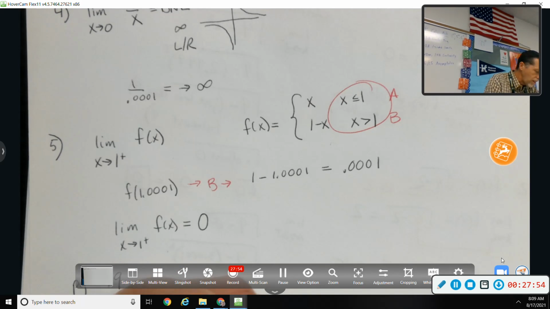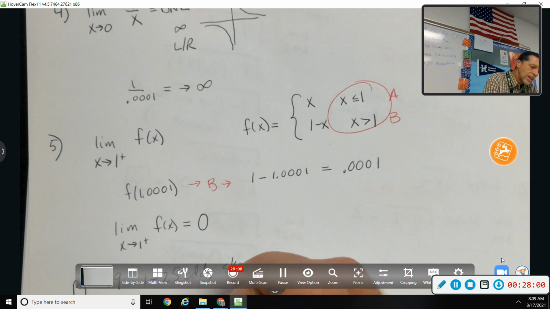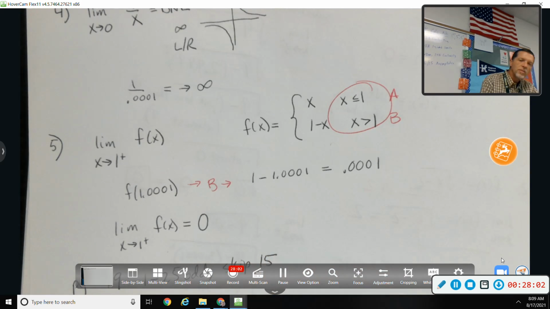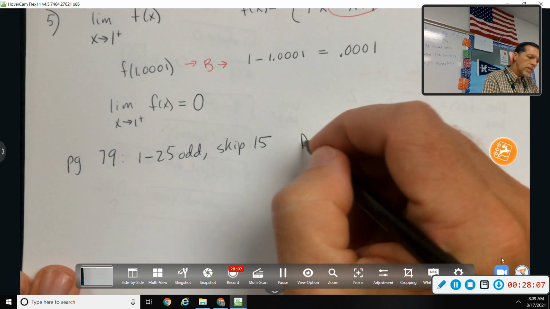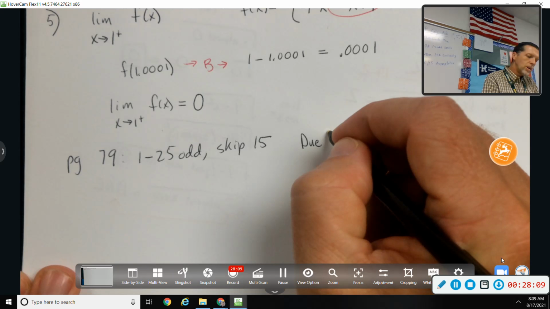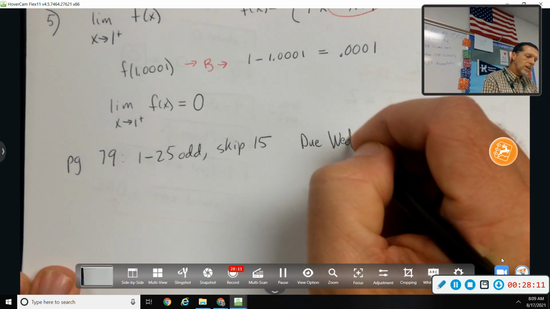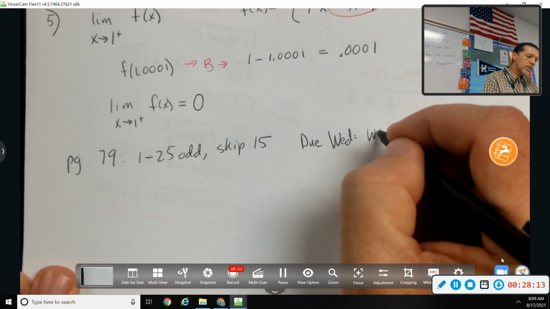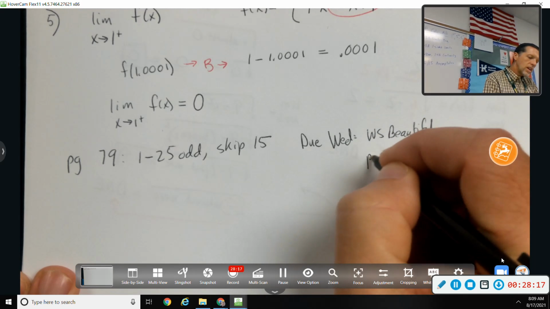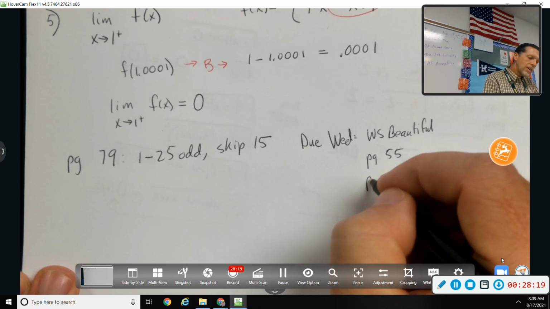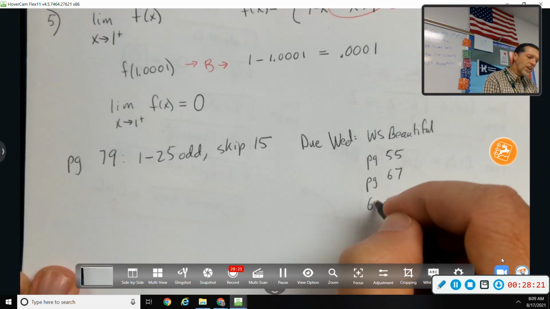Alright, the assignment's page 79. 1 through 25 odd, but you can skip number 15. And again, what's due on Wednesday is the worksheet on the beautiful function, page 55, and then there were 2 page 67 assignments.